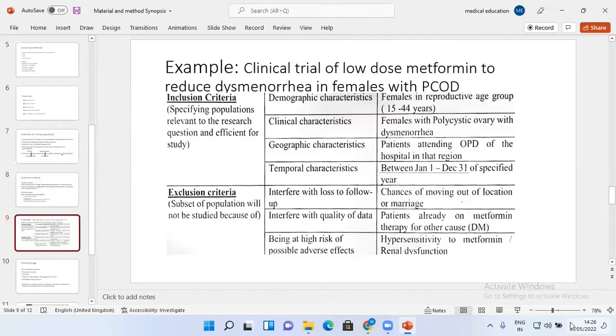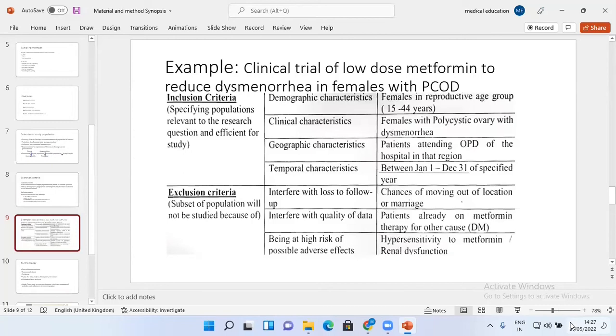Based on clinical characteristics, you select females with polycystic ovary and with dysmenorrhea, because you are going to treat dysmenorrhea with metformin. Out of polycystic ovarian disease, those who have dysmenorrhea will be selected in your study population. That becomes the clinical characteristics of your inclusion criteria.